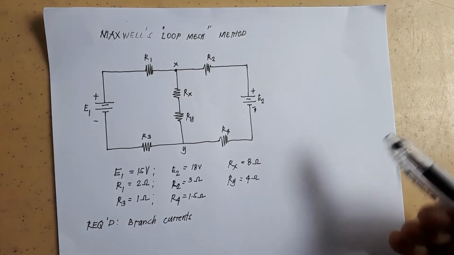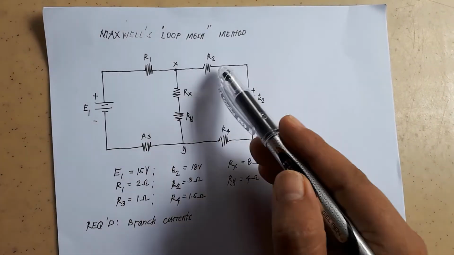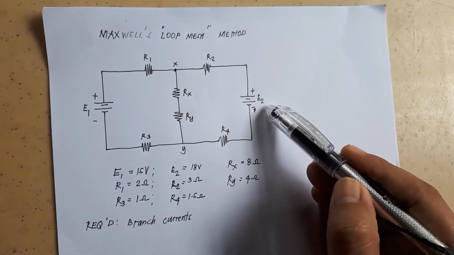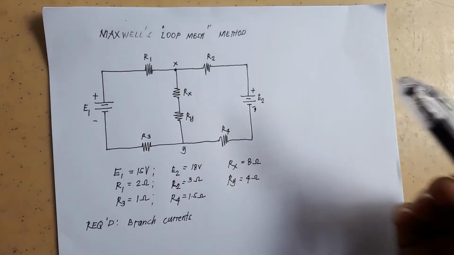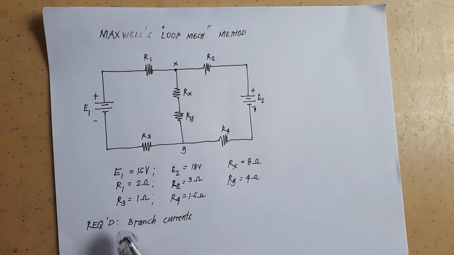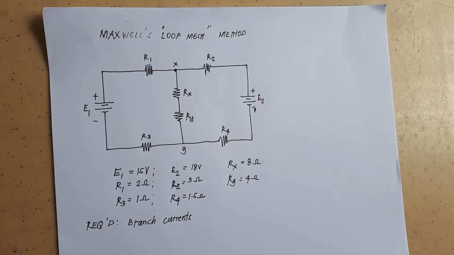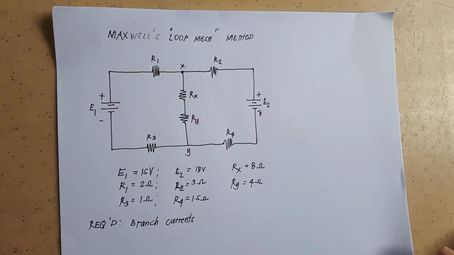We have E1 here, R1, R2, E2, RXY, RY, R3, and R4. Here are the corresponding values, and we are required to know the branch currents circulating on the given circuit.